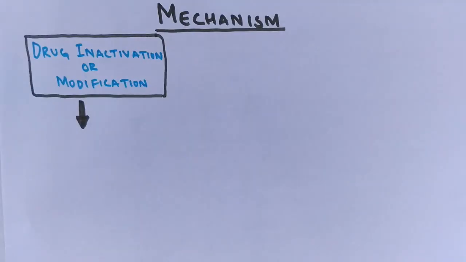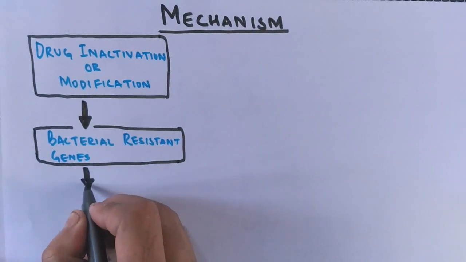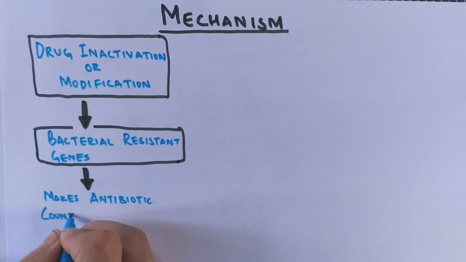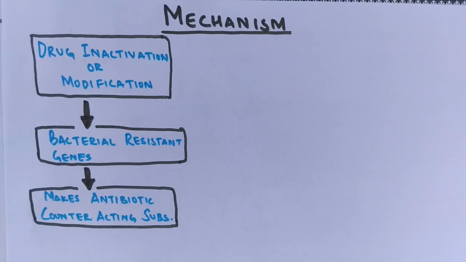The bacterial resistant genes present in bacteria make an antibiotic counteracting substance. This counteracting substance, which is basically a protein made from resistant genes, is able to shut down the antibiotics or to evade the antibiotics easily, by which bacteria remain unaltered or unaffected.